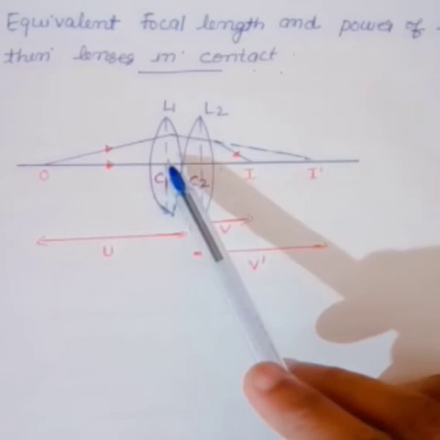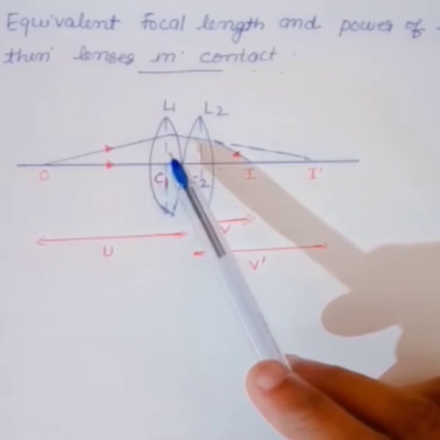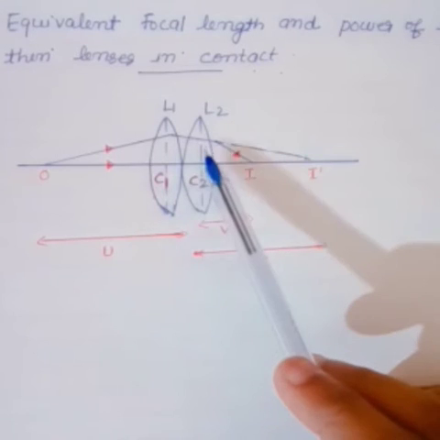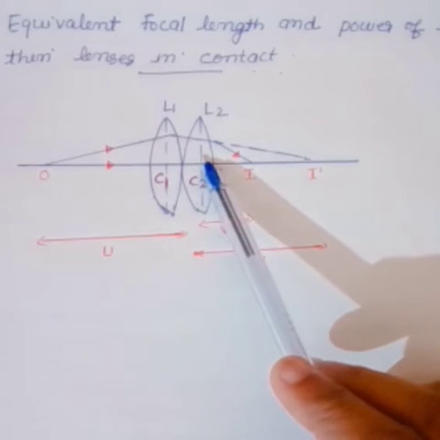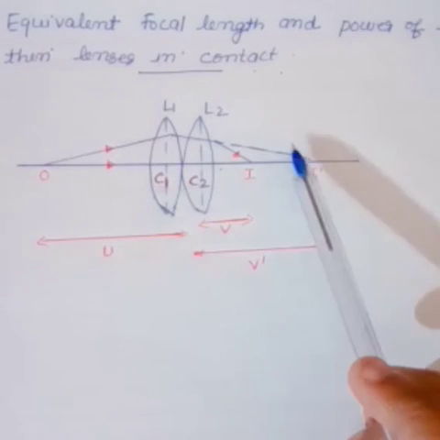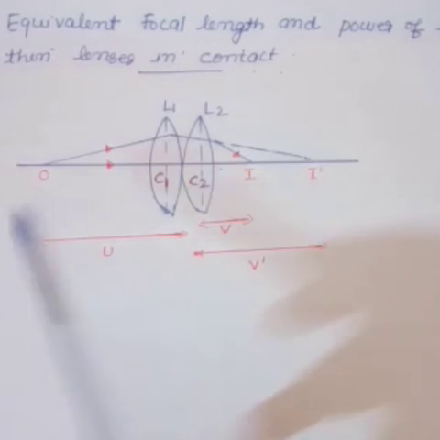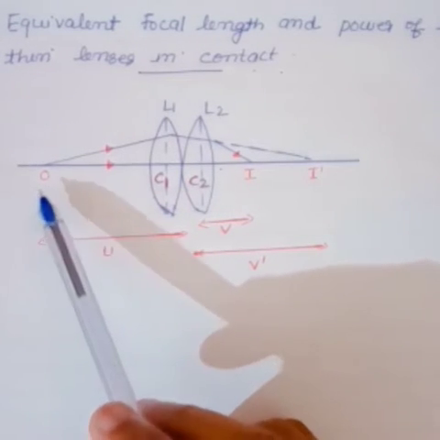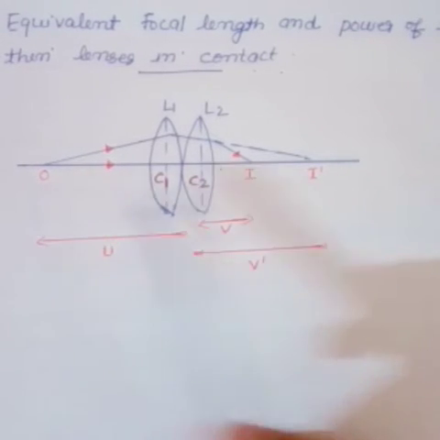Then let O be the point object on the principal axis of the lens system.